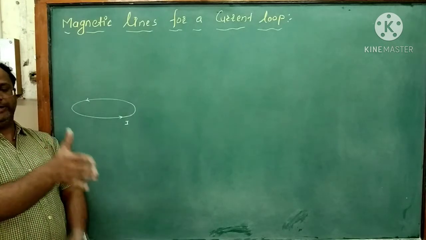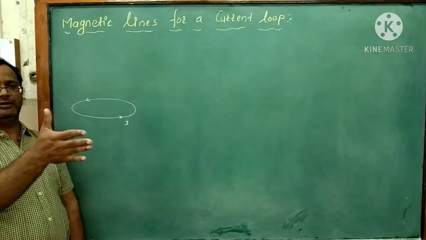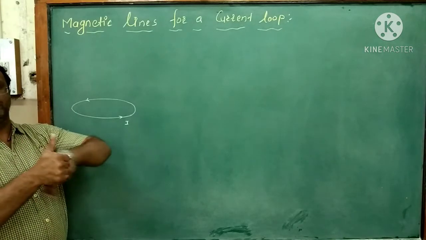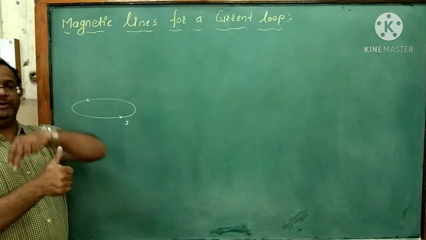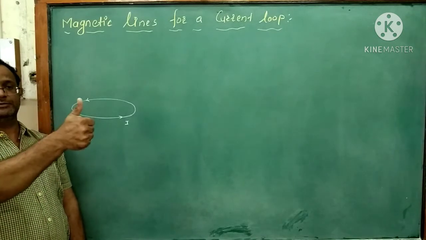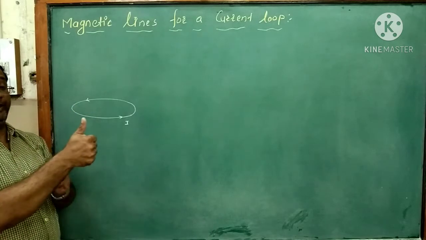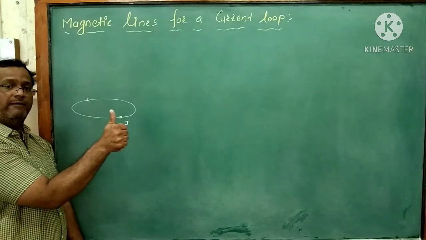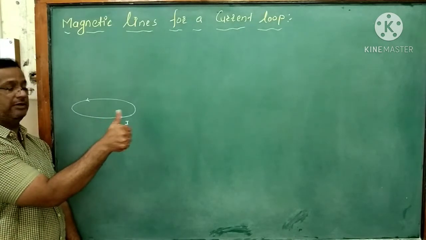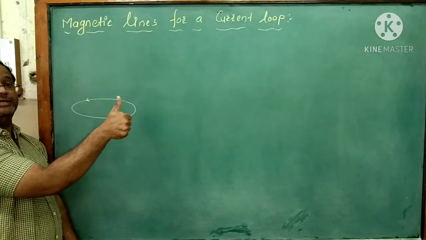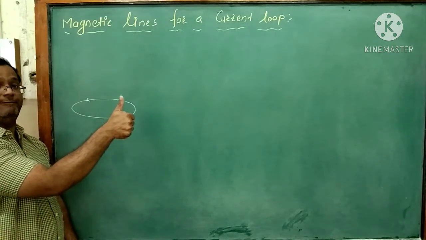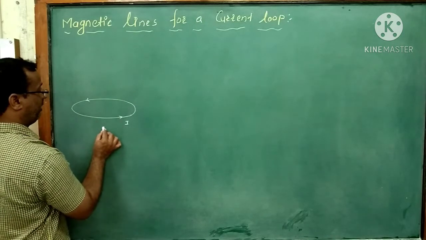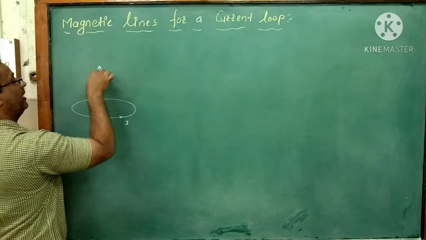If we take the fingers of the right hand in such a way that the thumb is outstretched and the remaining fingers are curled around the thumb, and the curled fingers indicate the direction of flow of current, then the outstretched thumb indicates the direction of the magnetic field. It means that here the direction of the magnetic field is in the upward direction.